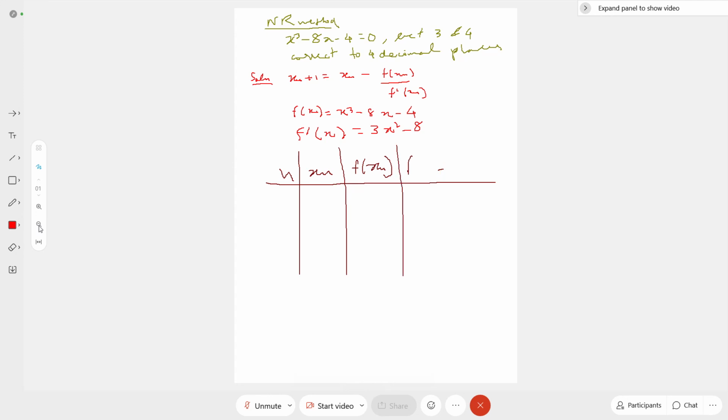Actually, these columns are optional. And the last column is xn plus 1. You need just xn and xn plus 1. That's all.